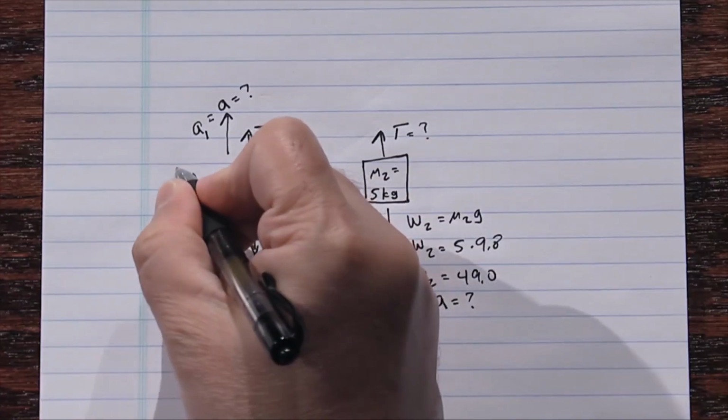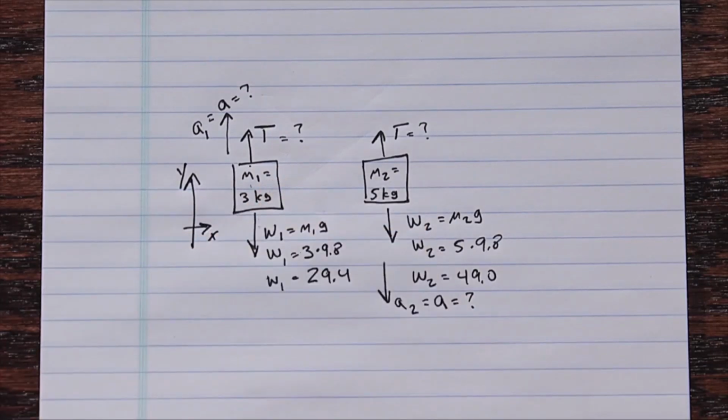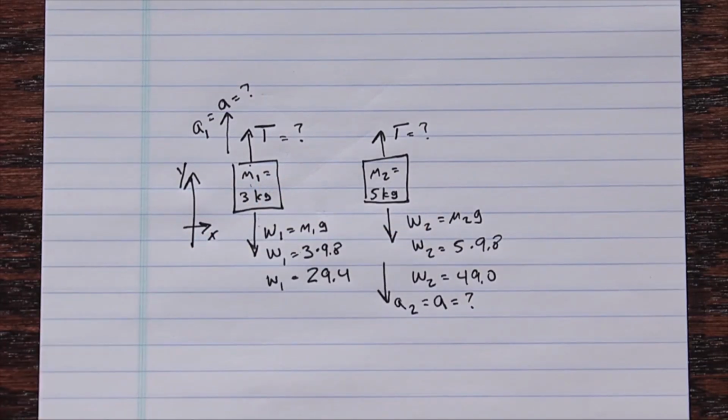All we've done is take the statement that we were given and model it with this diagram. Next step is to draw in our coordinate axes. I'll draw in Y and X. As you can probably see, X is unimportant here. All the motion, all the forces are in the Y direction, so we don't have to worry about X in this case.